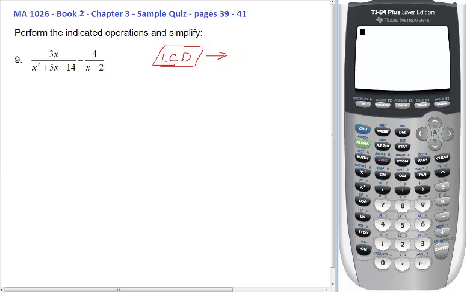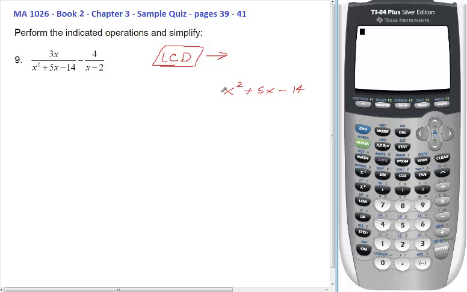If I look at the first denominator, I see a trinomial. When it's a trinomial, we often have to factor that first before we choose the LCD. So let's see if we can factor x squared plus 5x subtract 14.